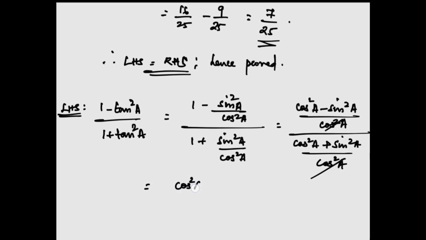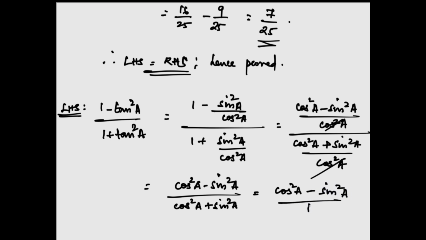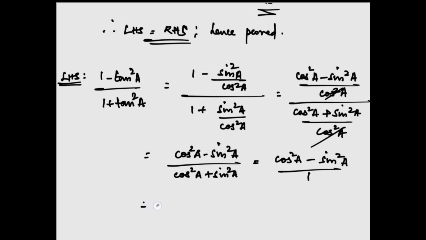Cos square A minus sin square A divided by cos square A plus sin square A. By the identity cos square A plus sin square A is equal to 1, we get our denominator to be 1, which gives us cos square A minus sin square A divided by 1, which is in turn our RHS, cos square A minus sin square A. LHS is equal to RHS, hence proved.